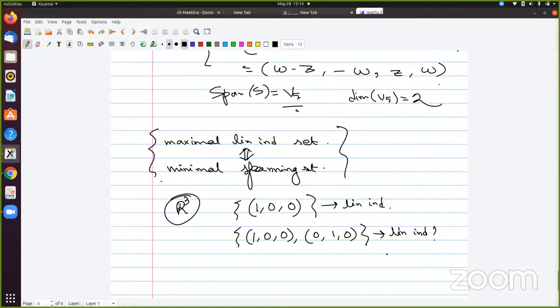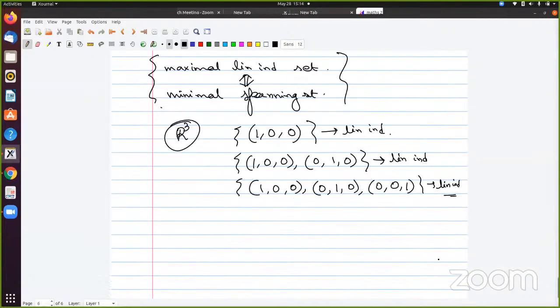Can we add one more? Yes. And add one more. This is still linearly independent. Can we add one more? No, then it will become dependent. Why? Because if we add one more, it will be a linear combination of all the three.